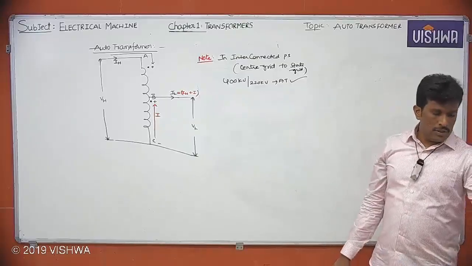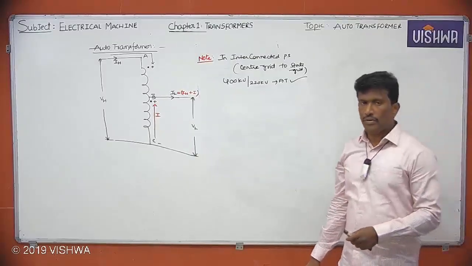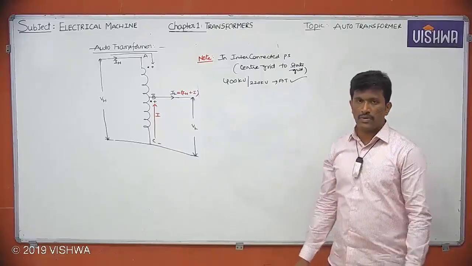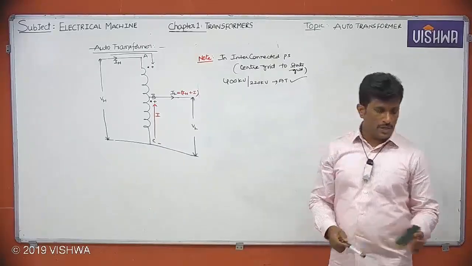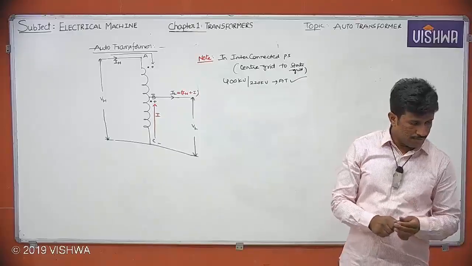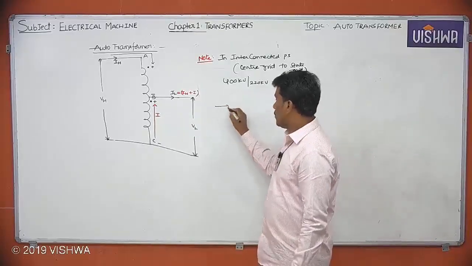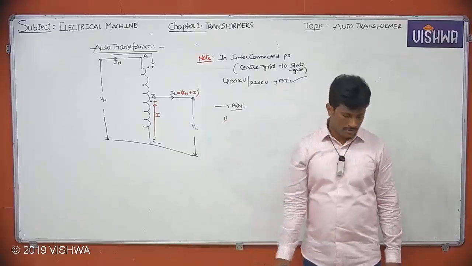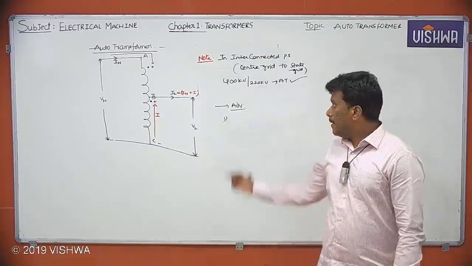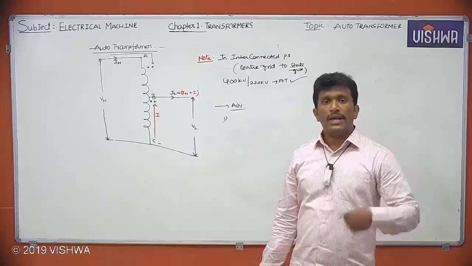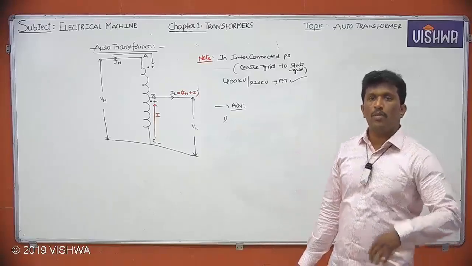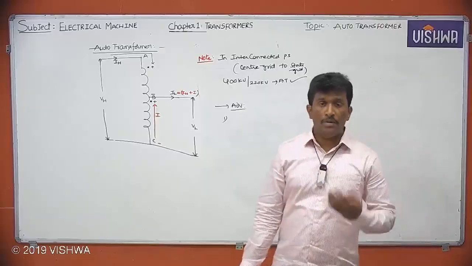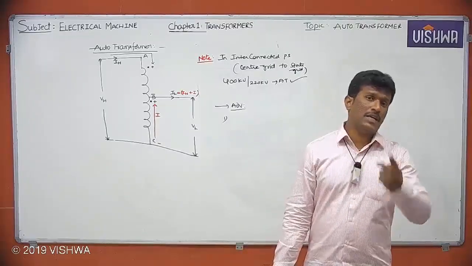Right. Now tell me, what are the advantages of using auto transformers? We already discussed it, but just try to recollect once again. Number one, the rating of an auto transformer will be more than the rating of a two-winding transformer, because in an auto transformer power is transferred by using both the induction principle and the conduction principle.